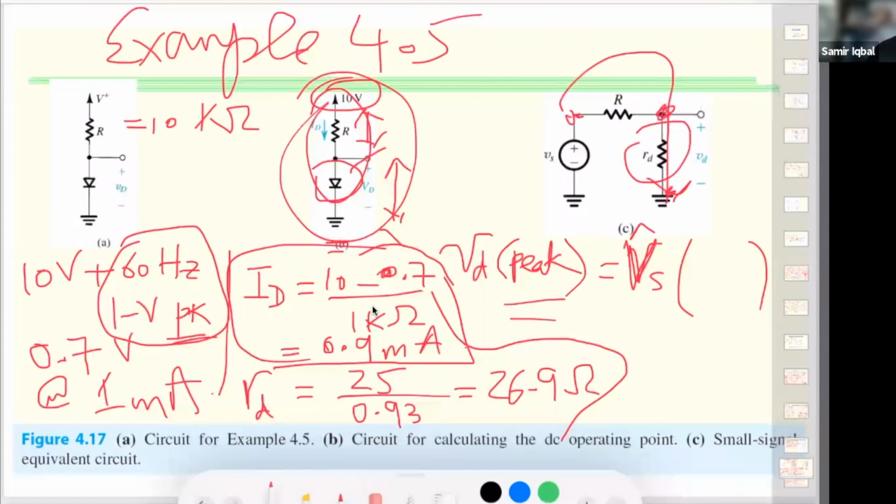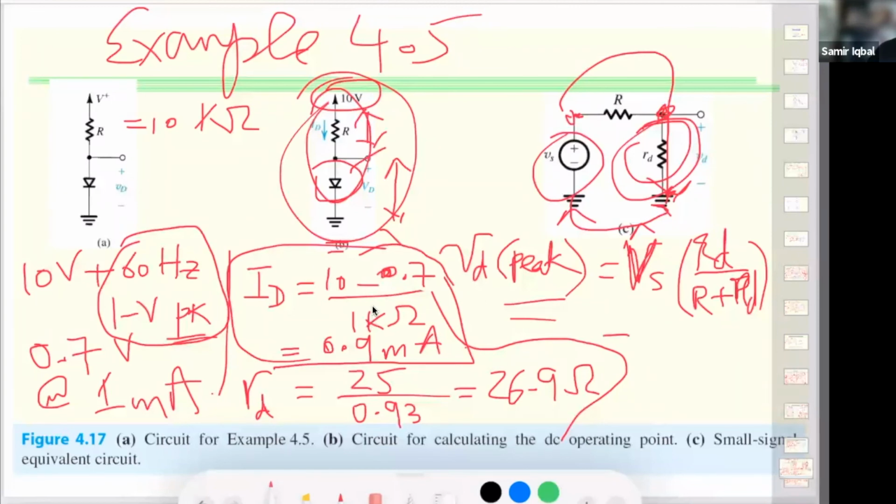It's RD over R plus RD. That's the signal that's dropping across VD. Right? So it's the same voltage applied from this side all the way to this side, and both are grounds. So we are interested in how much is dropping across this guy.